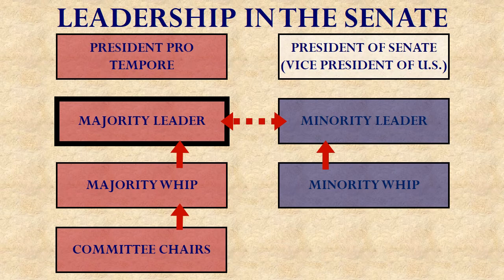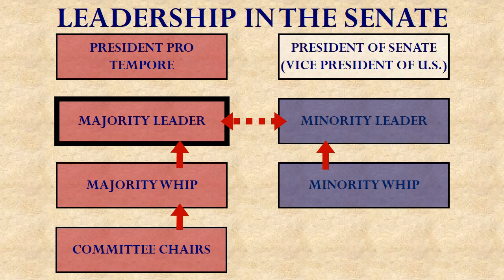Notice the difference that I have in this diagram compared to the other one. When I diagrammed the House and I had the minority leader interacting with the Speaker of the House, the arrow only went one direction. It went upward. It was the minority leader essentially reporting to the Speaker, because the Speaker doesn't really care what the minority leader thinks there.